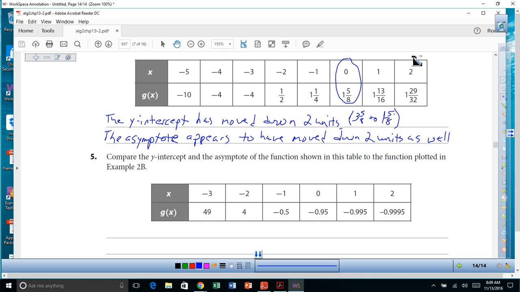Okay, and the other one, it was 4, and then look here, 1 and 20. That's getting awful close to 2, so it's moved from 4 to 2. All right.